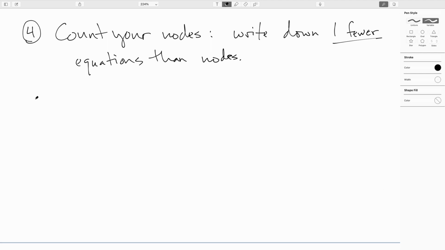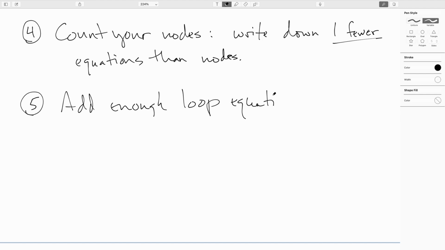So this is where we add in the loop equations. We add enough loop equations until the number of equations equals the number of unknowns.